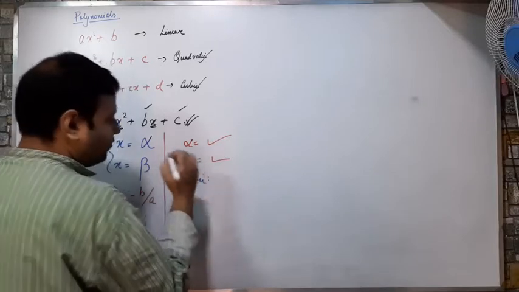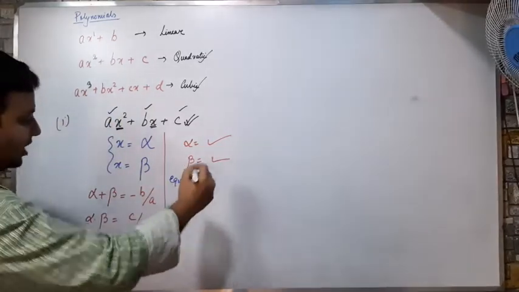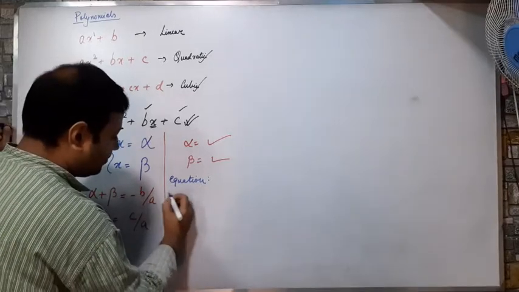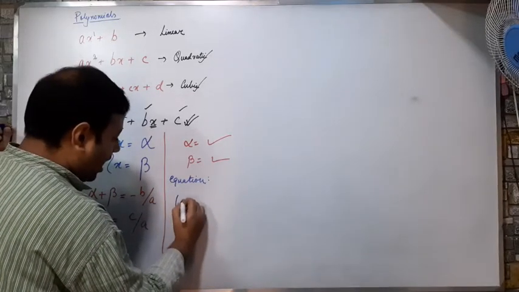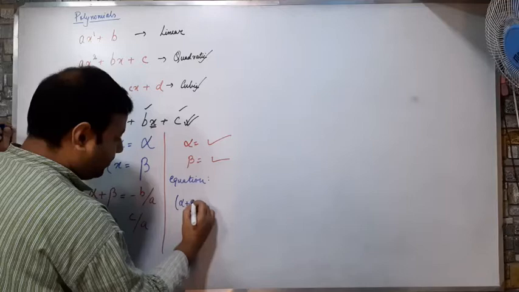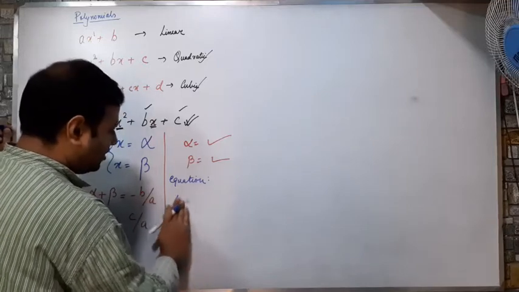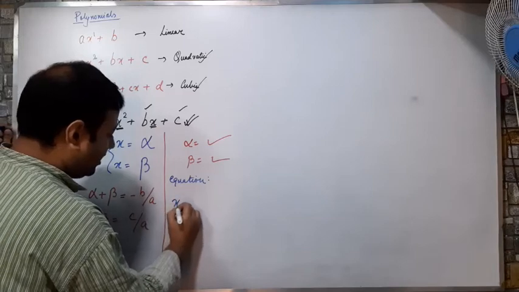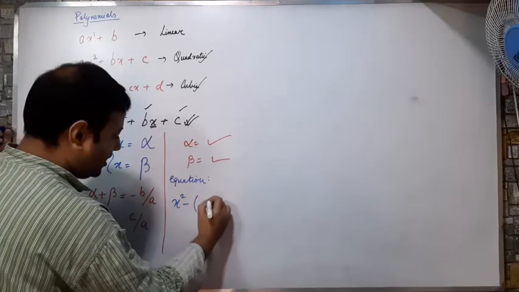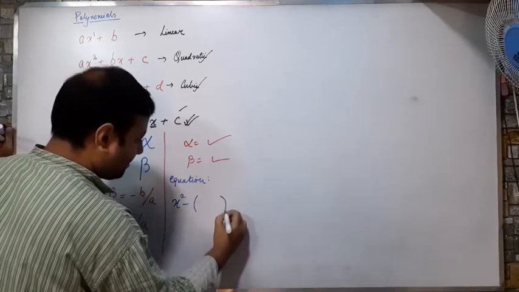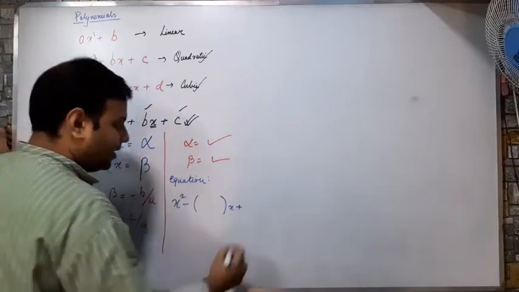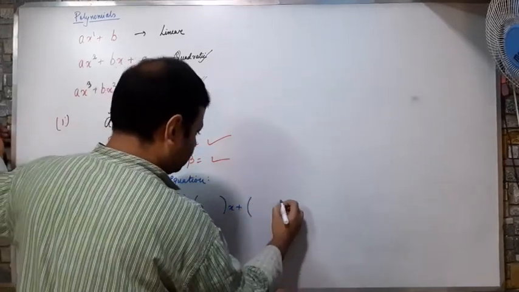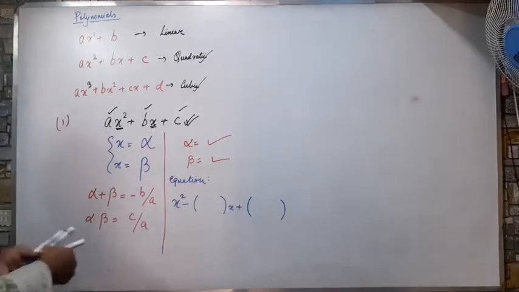There will be a formula for the equation then. What is the formula? The formula is simple like this. Sorry, my mistake. First I will start with x square. I will write x square minus x plus, now what shall be in the brackets?